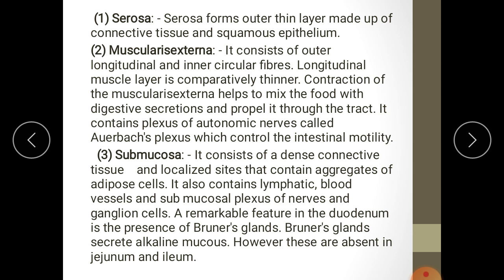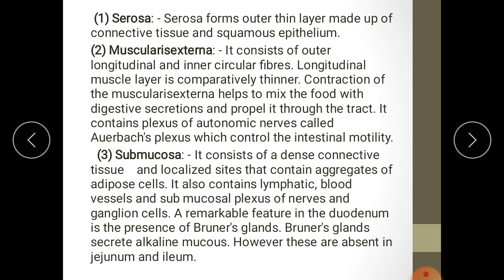because you know it. Duodenum is the first part which receives food from the stomach. The food which is present in the stomach is in an acidic medium. That acidic medium comes first to the duodenum part of the small intestine. So this is a place where the acidic medium is converted into alkaline medium.